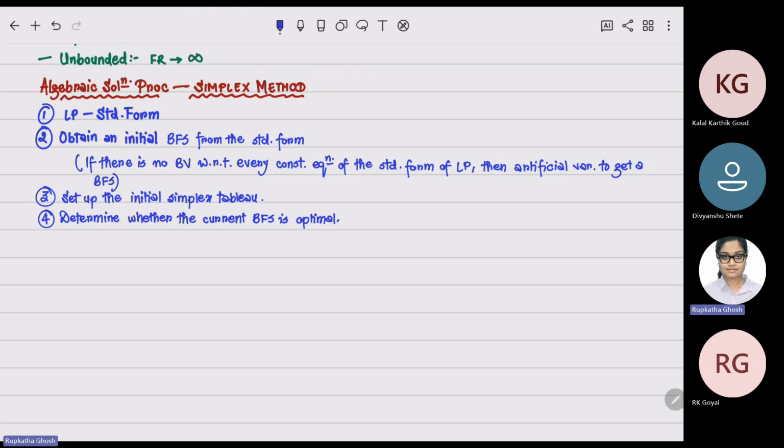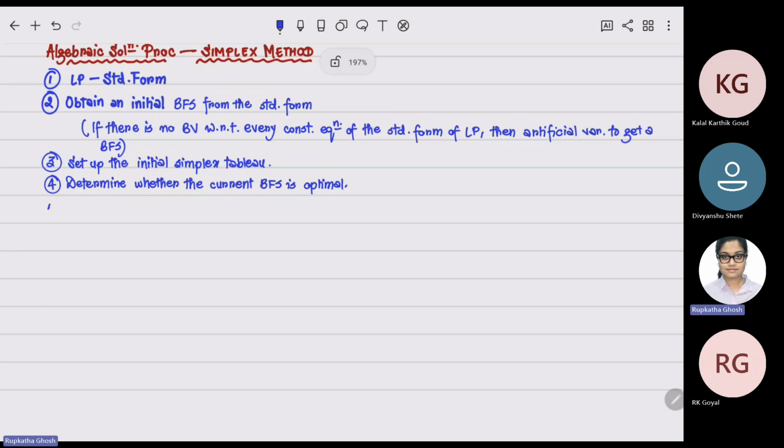If the BFS is not optimal, then determine which non-basic variable should become a basic variable and which basic variable should become a non-basic variable, to find a new BFS with better objective function value. Okay. So you have to keep doing this with every iteration to arrive at the better objective function value.